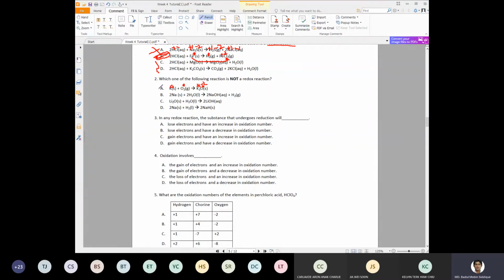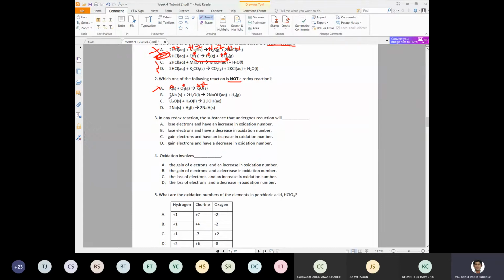So it is a redox reaction. But the question is asking which one is not. There will be this type of question in your midterm test, so please read the question first. Otherwise you just tick it, it's wrong, and you lose the mark.